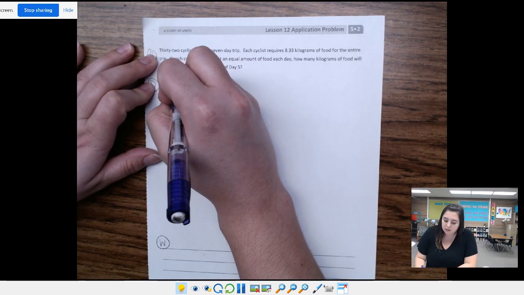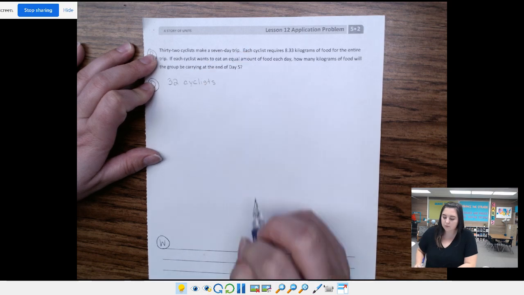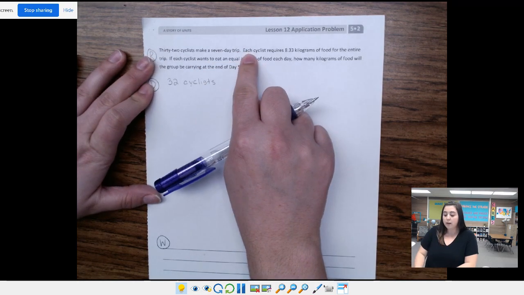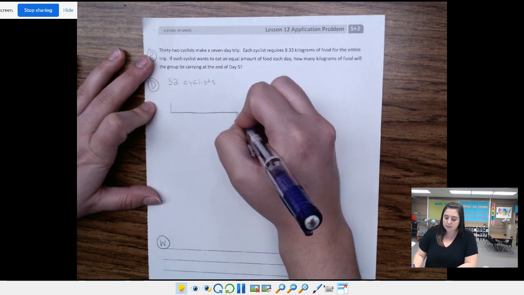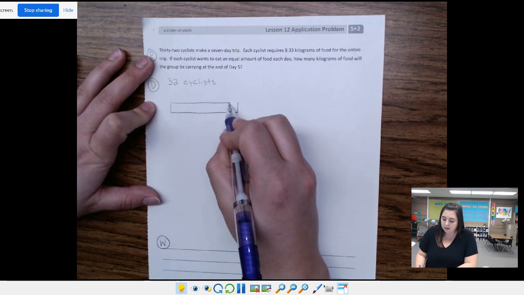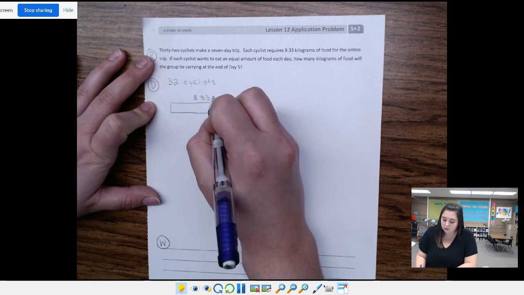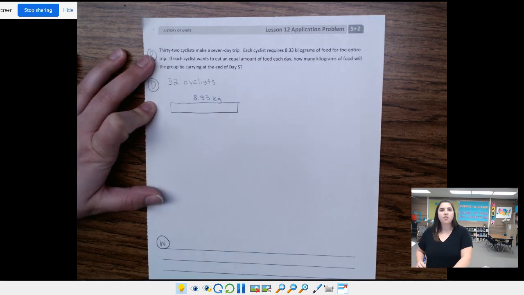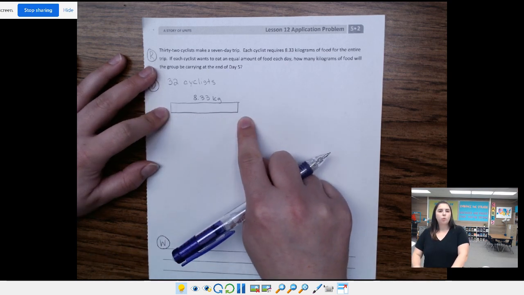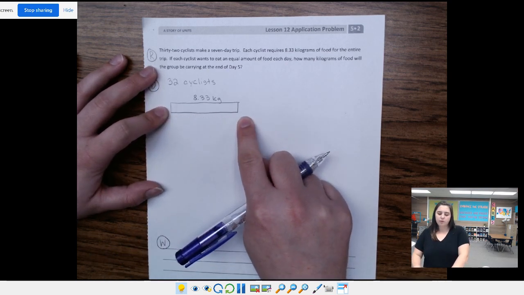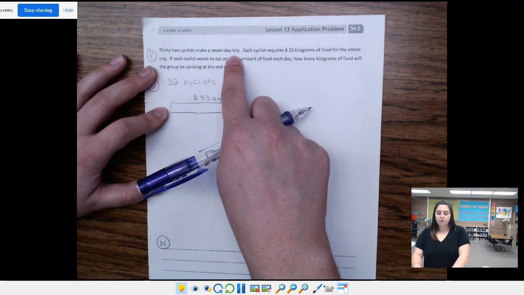There are 32 cyclists, but one cyclist, so each cyclist is carrying 8.33 kilograms of food for that whole trip. What do we know about that trip? It is a 7-day trip.